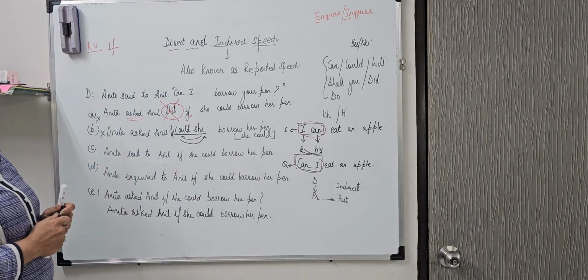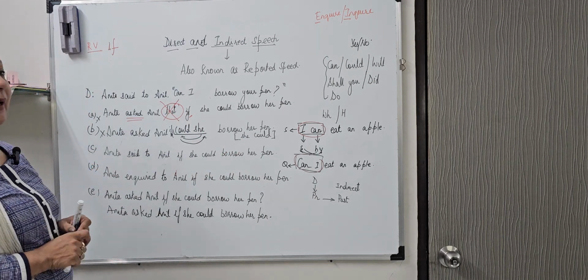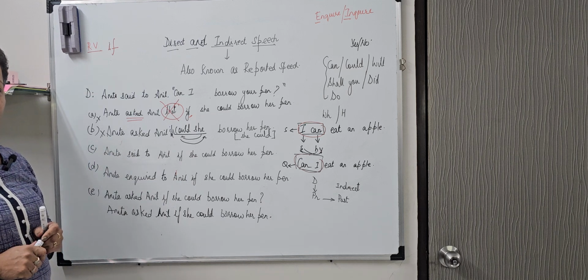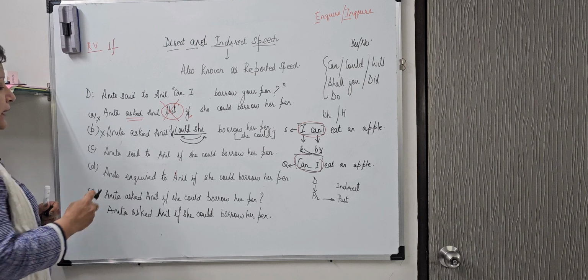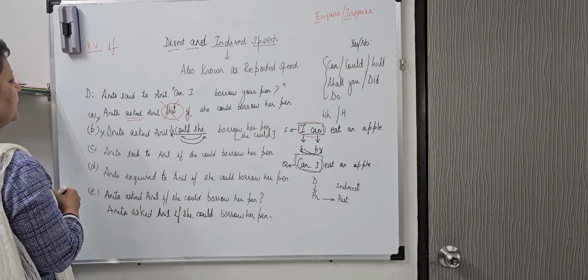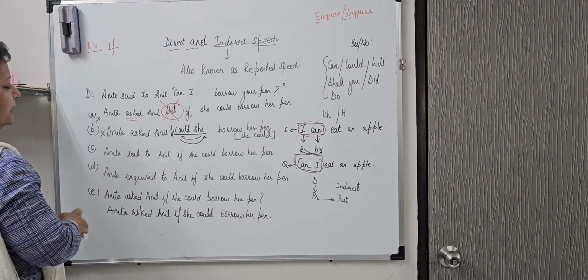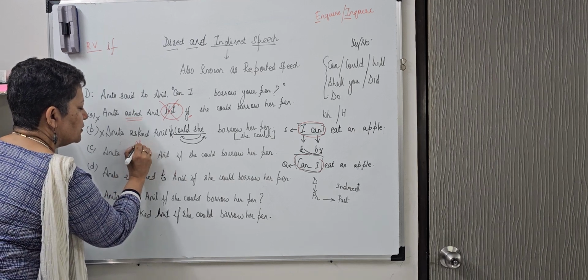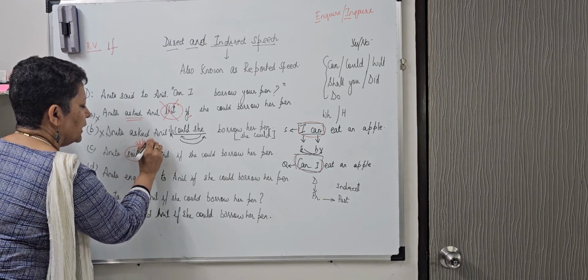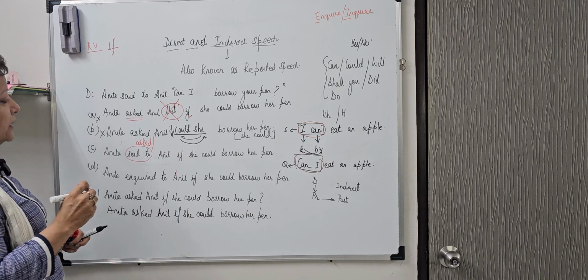Anita said to Anil if she could borrow her pen. Anita said to Anil. It's a question. Remember, she asked a question. So, can I have this "said to"? The "said to" here again becomes wrong and it needs to be replaced with asked. Another word which is used is inquired.